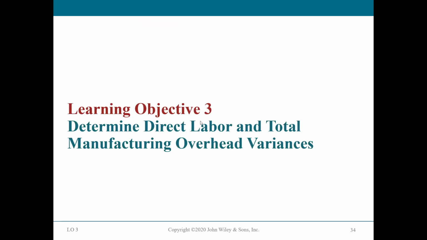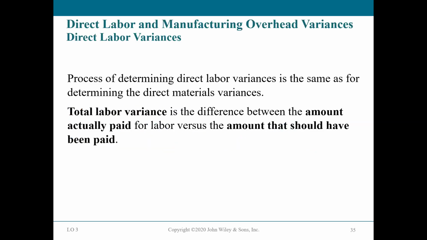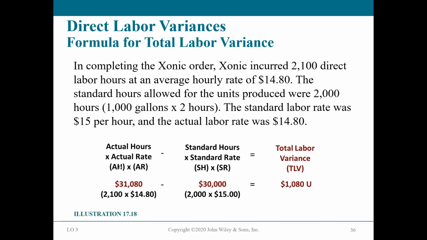So let's move on to the direct labor and total manufacturing overhead variances, all similar to what we just did. Determining the direct labor variances is actually the same as direct materials in this case. Total labor variance is the difference in the amount actually paid versus the amount that should have been paid. Same kind of function: actual hours, actual rate, standard hours, standard rate.